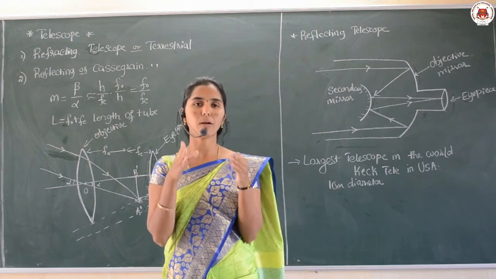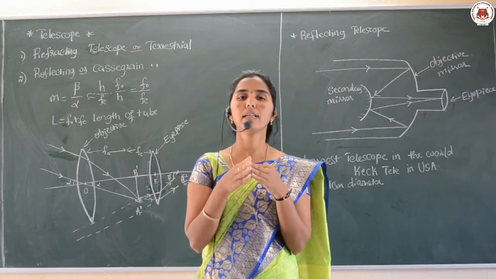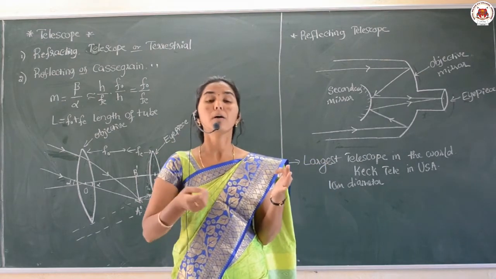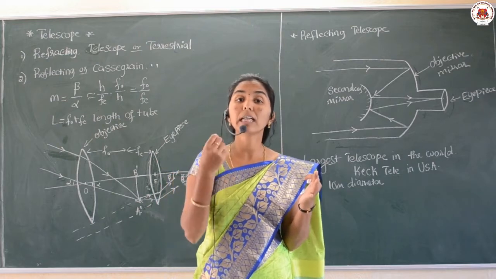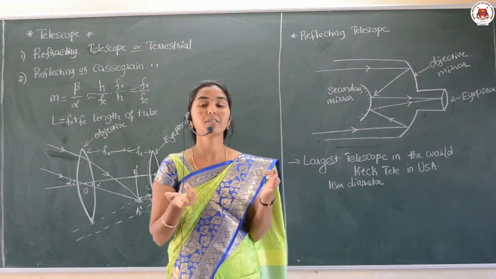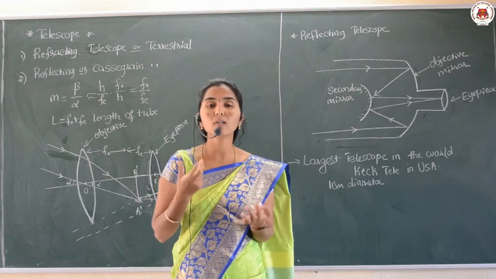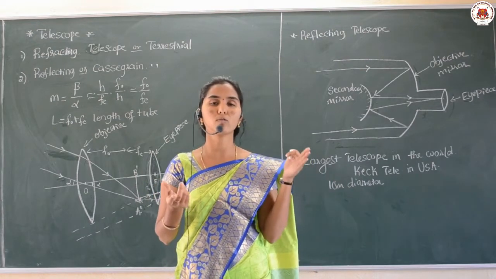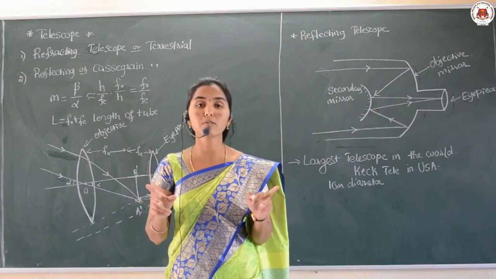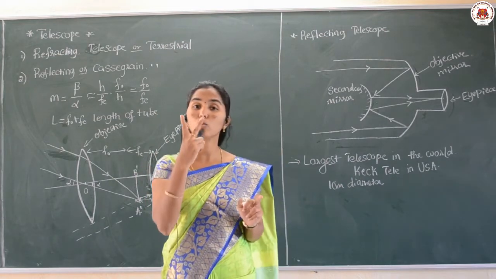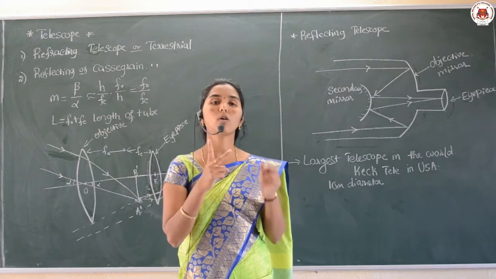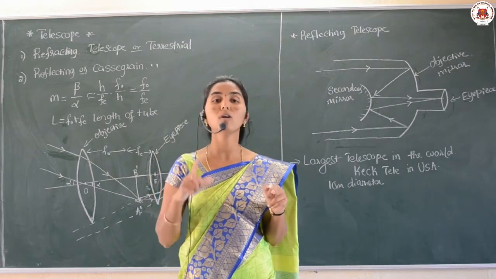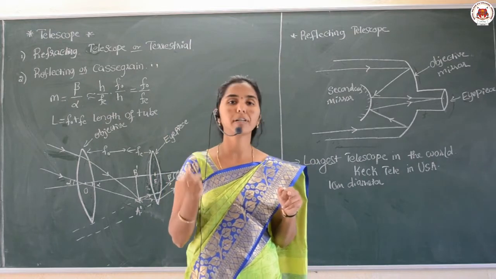Then next we studied that the simple microscope also gives magnification, but we still need better quality of the image. That is why, to increase the quality of the image, we use the compound microscope. The compound microscope mainly consists of two lenses. One is a convex lens of small focal length and small aperture, which we call the objective lens.